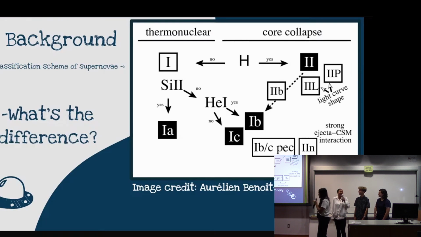An H recombination is basically the hydrogen ionizing and giving off photons again, which allows the supernova to maintain its brightness for a short period before it dies out. And then we have some exotic ones that we won't really talk about, like hypernovae, that will be researched more into the future. And I'll leave it to Viola.